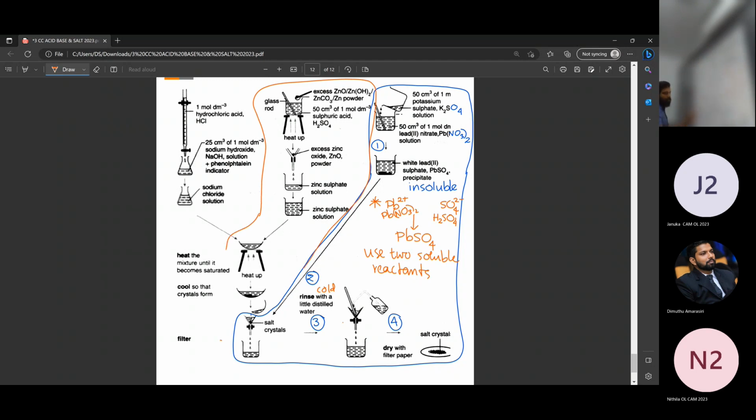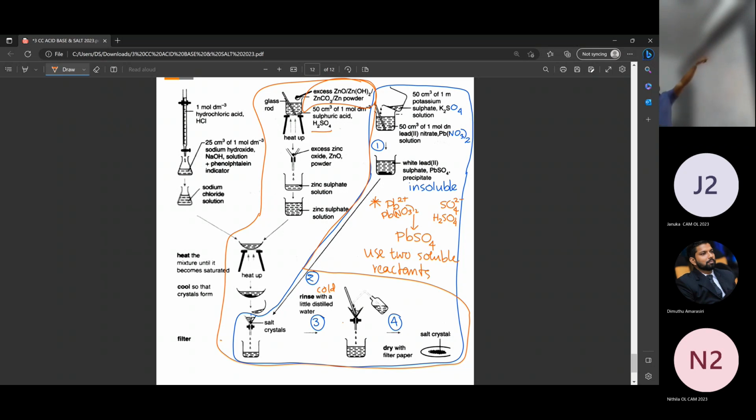That route is slightly longer than the precipitation route. However, this is a soluble salt, and you use an insoluble base and an acid.